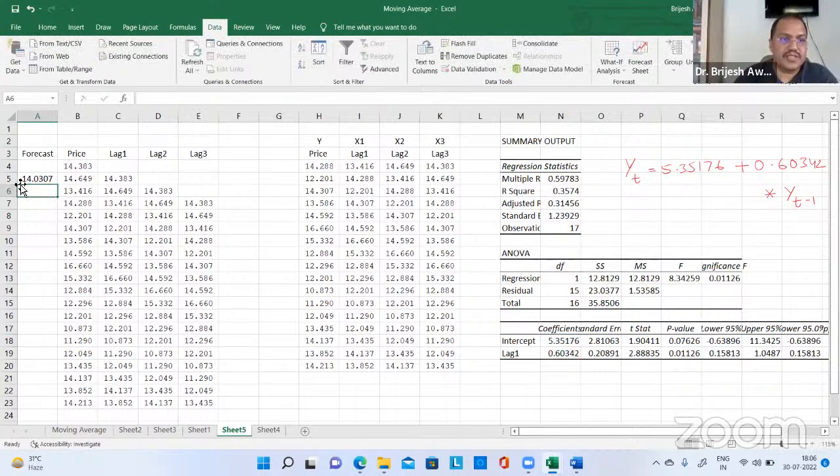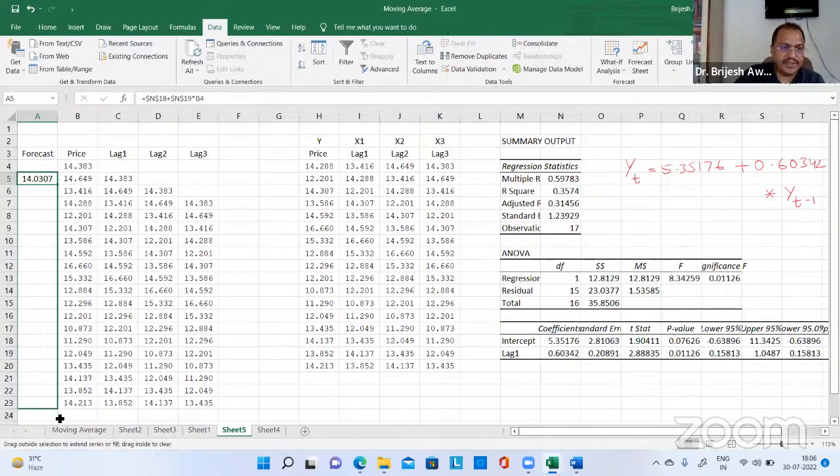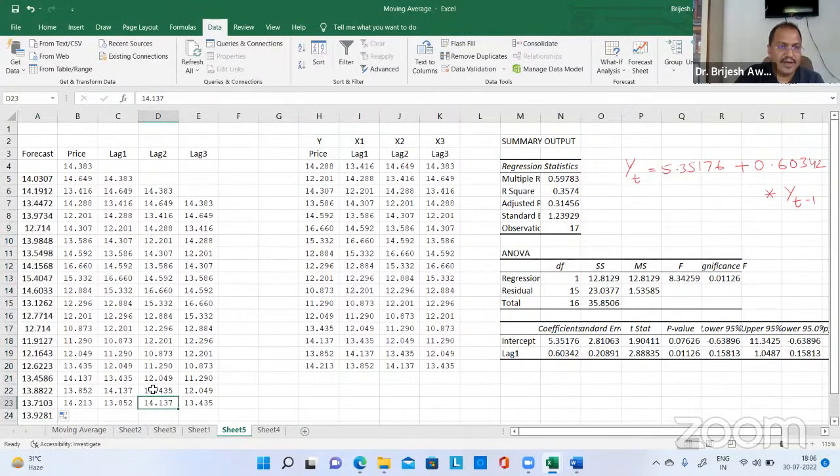What is your forecasted sale? Forecasted price 14.03. And just drag it. So this is what an AR model is. This is AR, auto regression.